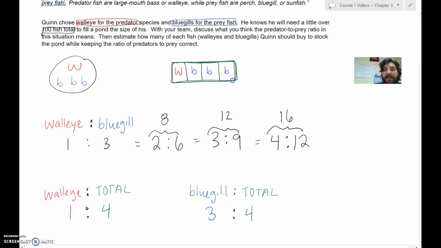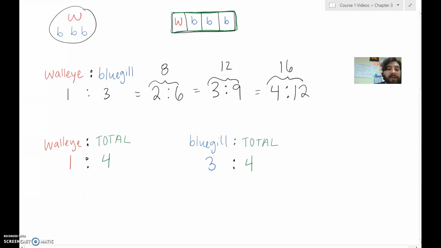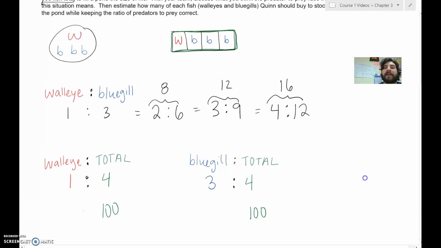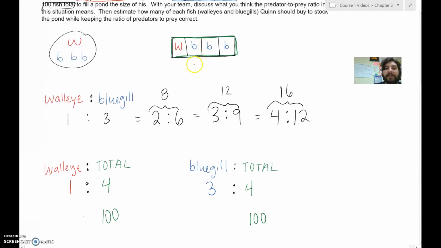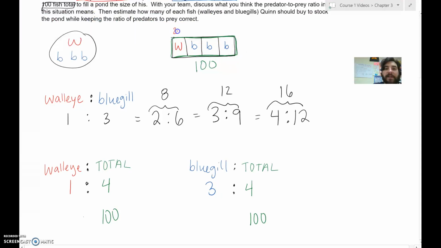And this tells us what we really want to know: what would the walleye and the bluegill be if there were 100 total fish? If this total were 100, what would each part be? You can see that 100 divided by 4 is 25 walleye, and then there would be 75 bluegill.